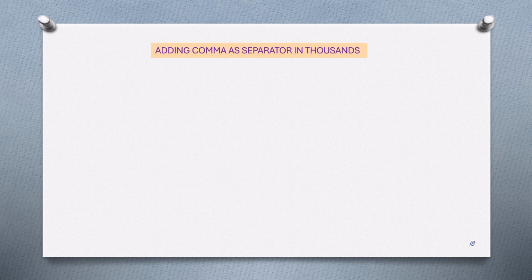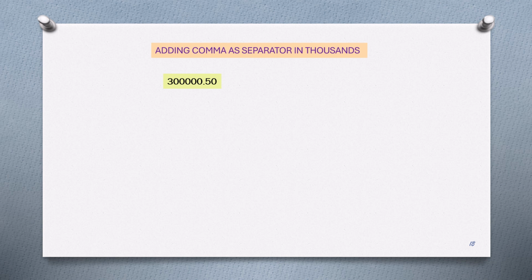When you have a comma separator in your work, the output is nicely shown, right? So how do you add the comma?